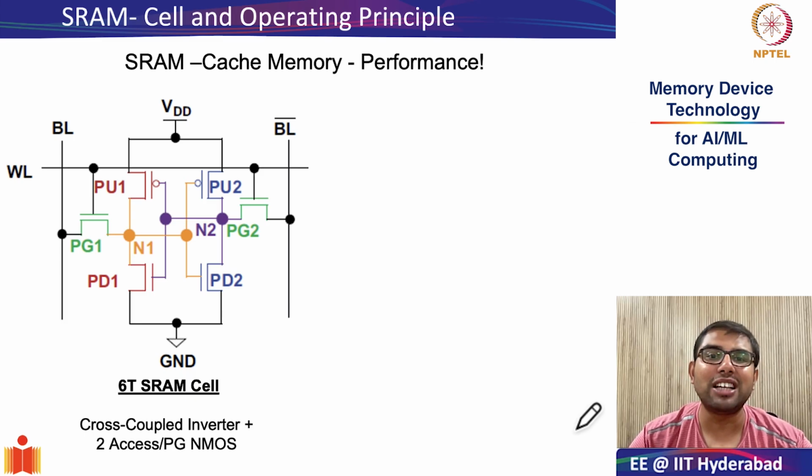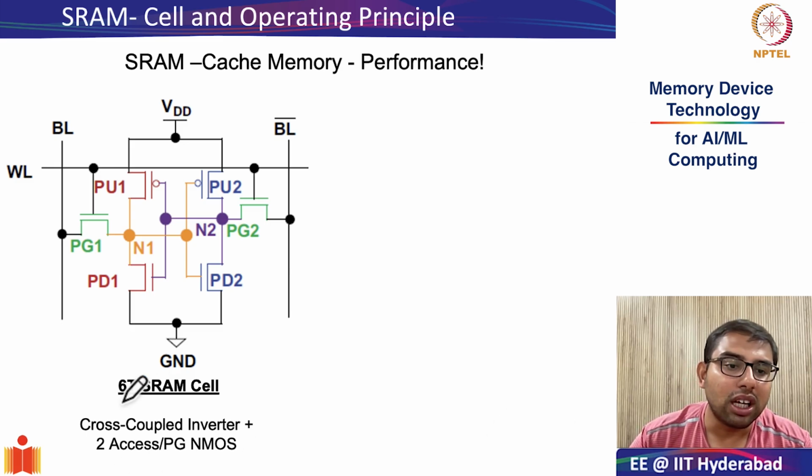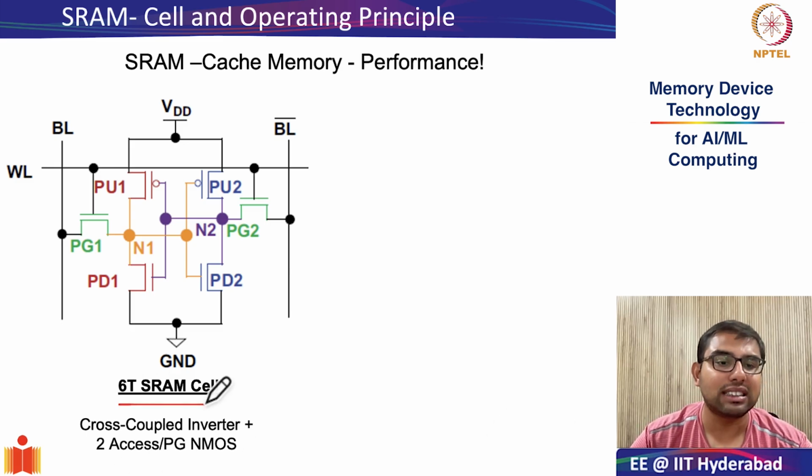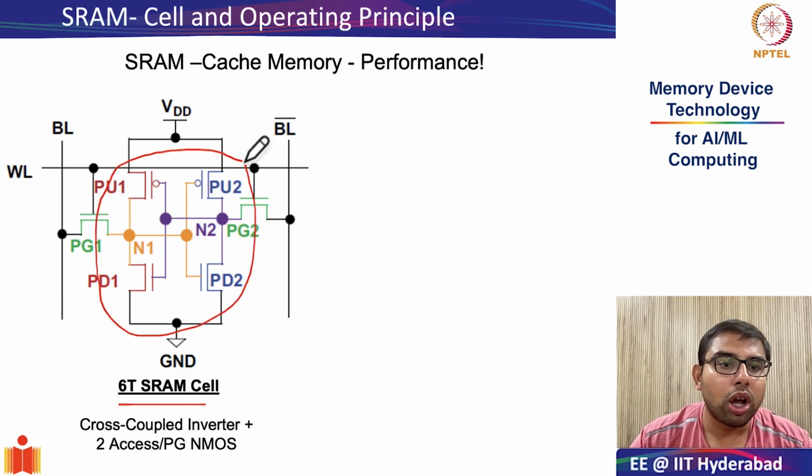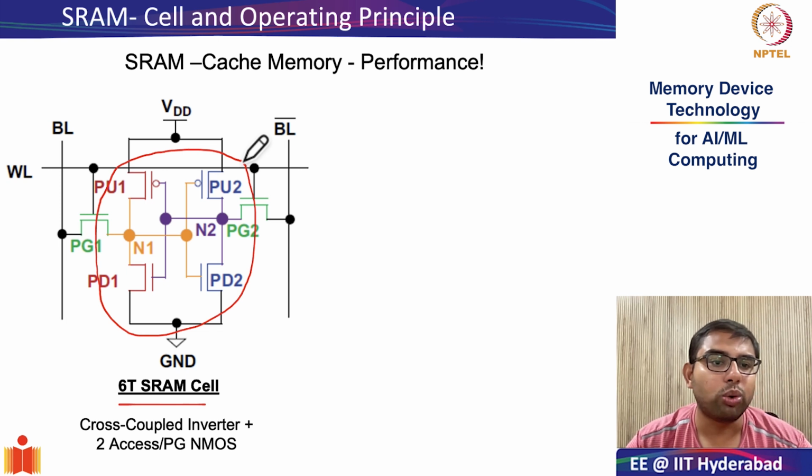So you could compromise a little bit on the bit density, reflected when we saw the 6T SRAM cell. So your 6T SRAM cell stores just one bit of information. How does that happen? Out of the 6 transistors, the 4 transistors which I have marked out, 2 pull up transistors and 2 pull down transistors, form a latch design or a cross coupled inverter design.